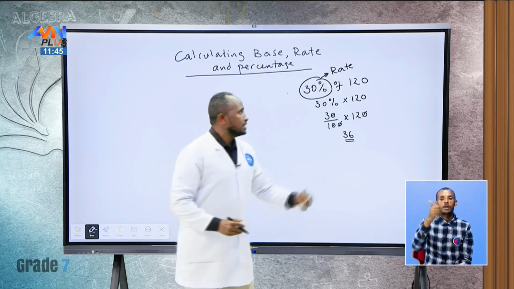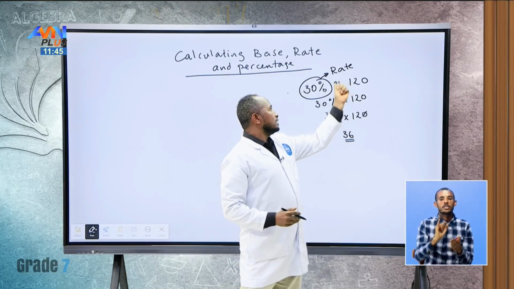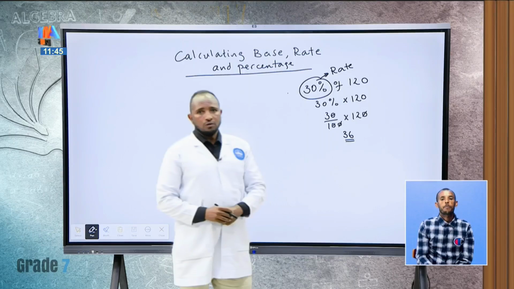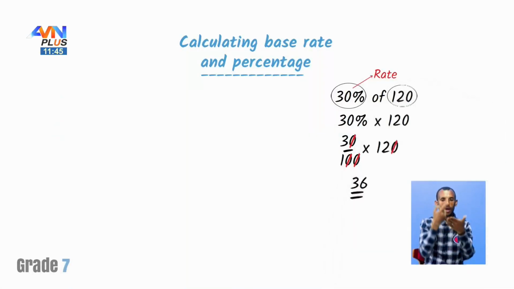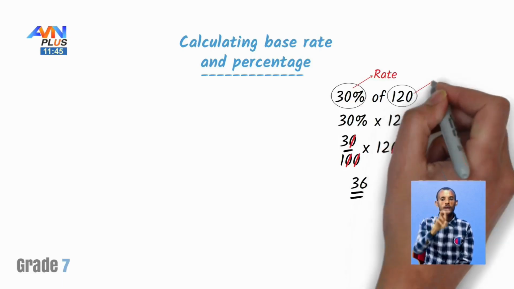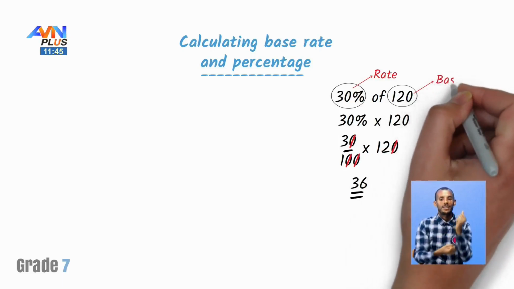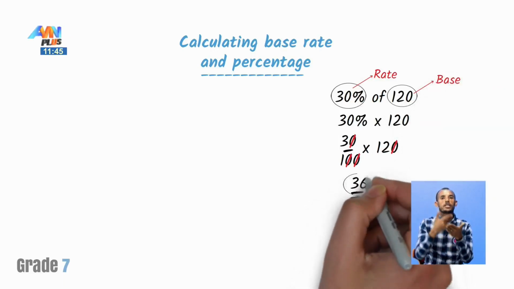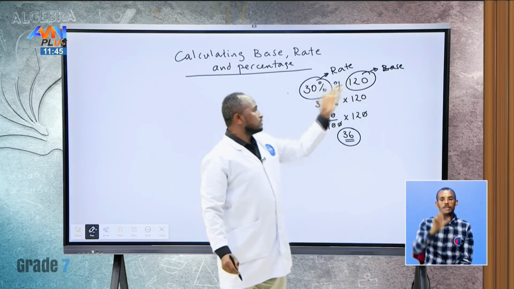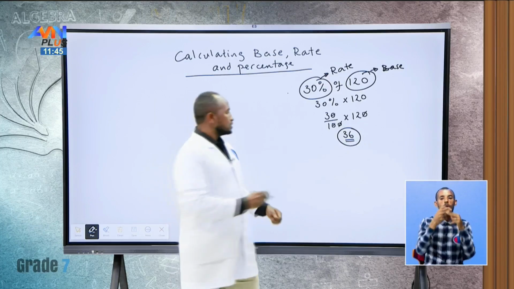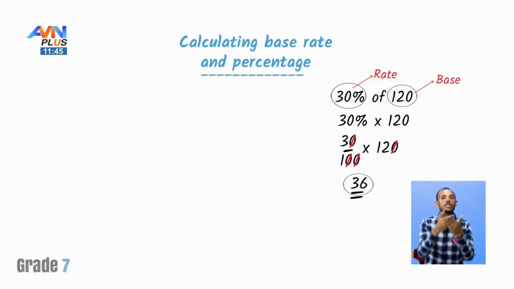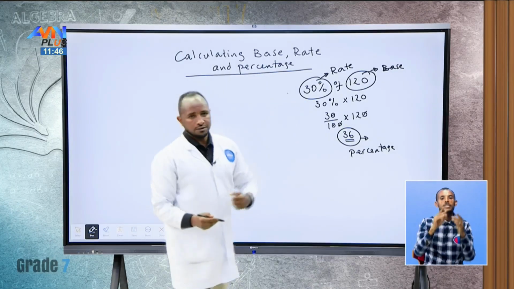Normally, a base is preceded by the word "of". It's always preceded by "of". Therefore, here, this 120 represents a base. And this 36, a certain percent of the total quantity, we call it percentage.